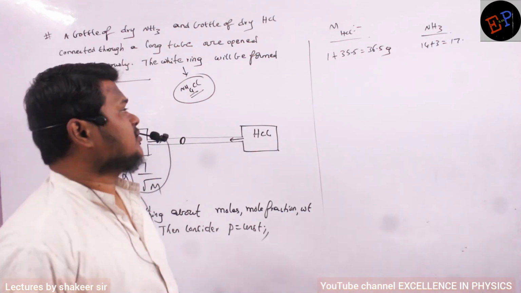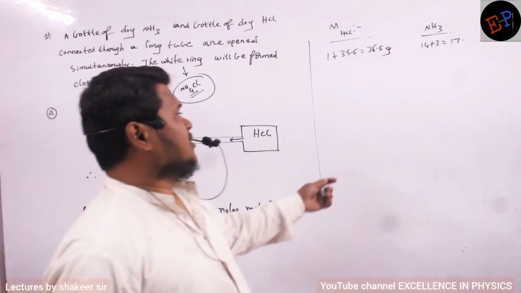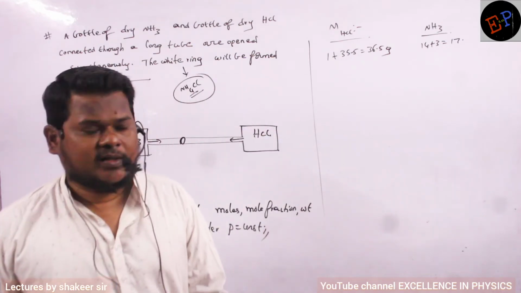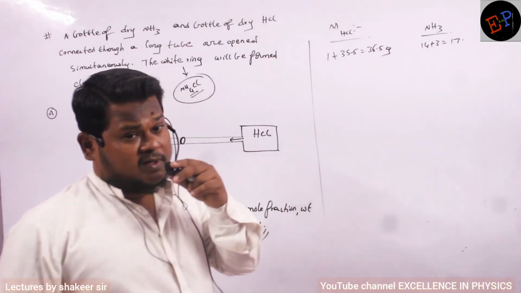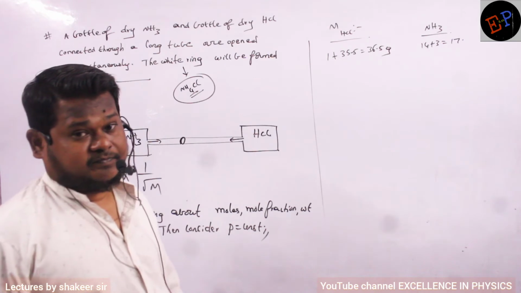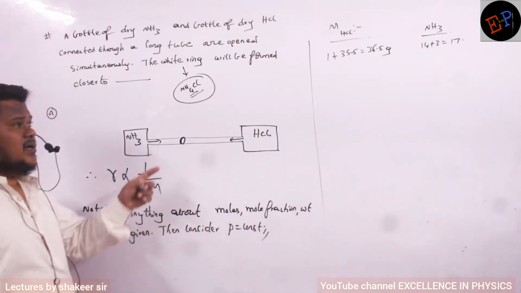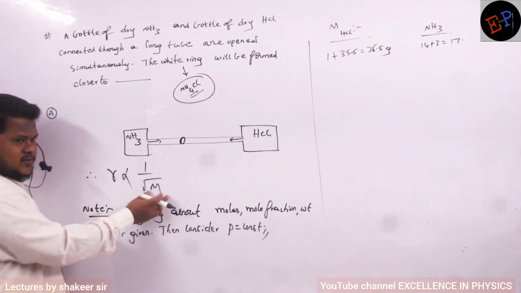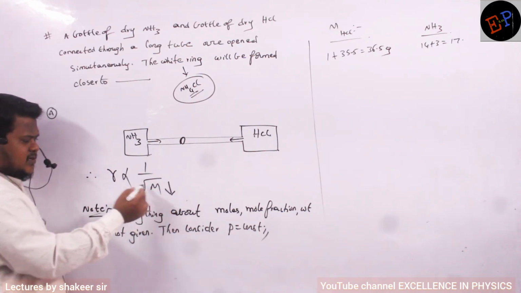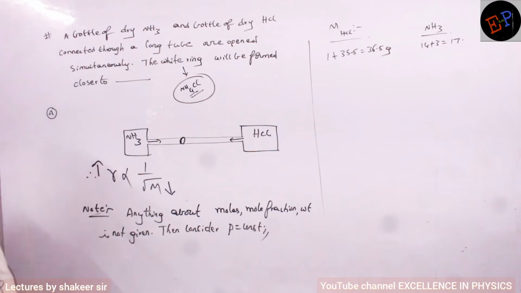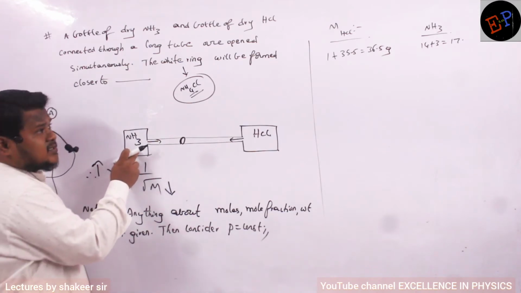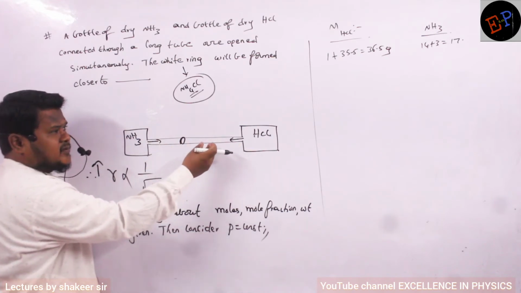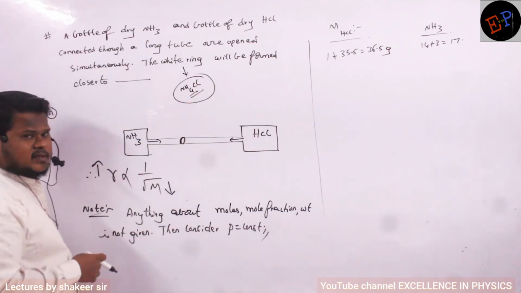Definitely, the mass of HCl is larger when compared to NH3. Clear? So which gas will diffuse very fast? NH3 diffuses very fast. Why? Molecular mass is very less, no? If molecular mass is very less, rate of diffusion will be very fast. And HCl will diffuse very slowly because its molecular mass is bigger.